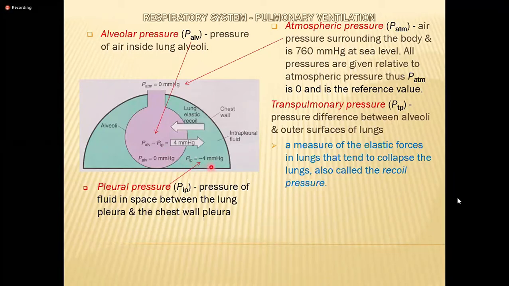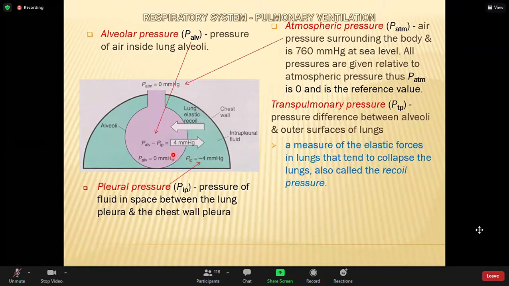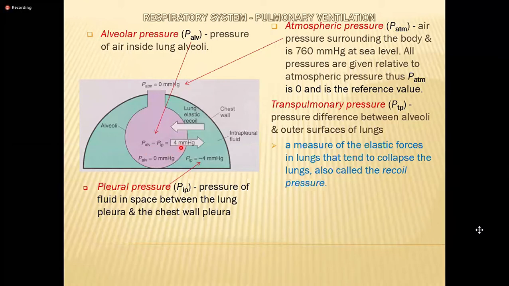So here, 0, the intrapulmonary pressure is normally minus 4 millimeters of mercury. And so 0 minus minus 4 gives a positive 4 millimeters of mercury.